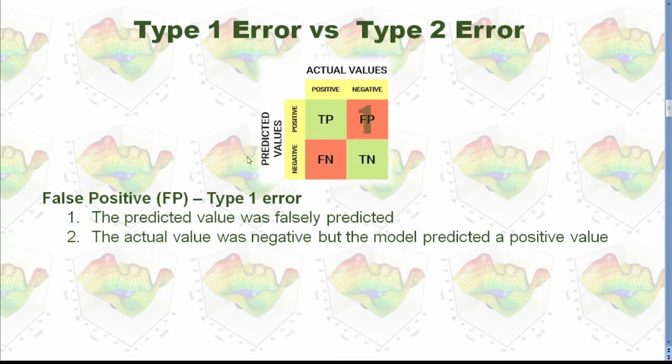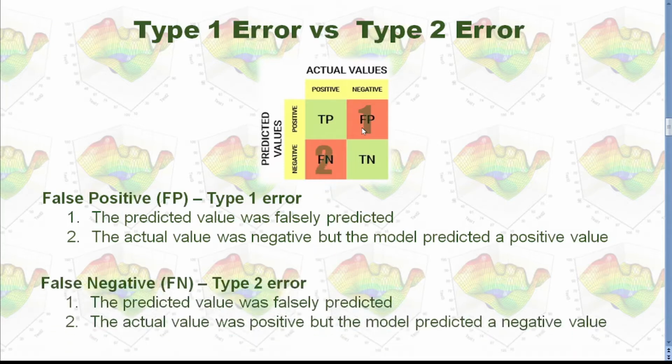That is, the model tells us it is positive, but the actual value is negative. Type 2 error is when we have false negative. That means, although the actual value is positive, the model told us it's negative. So it is false negative.